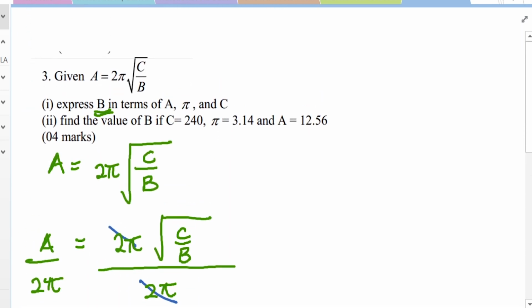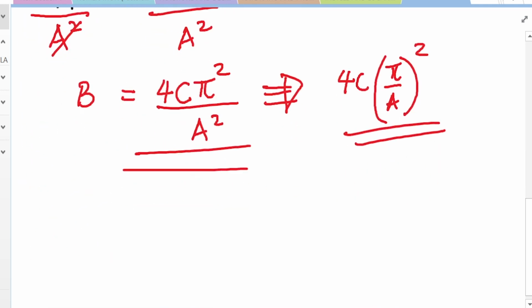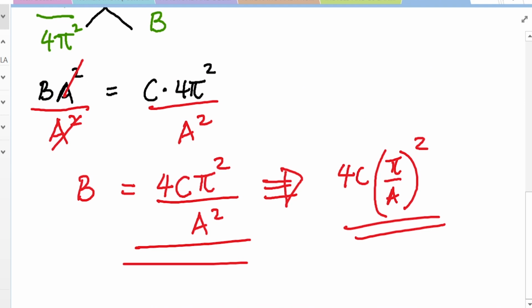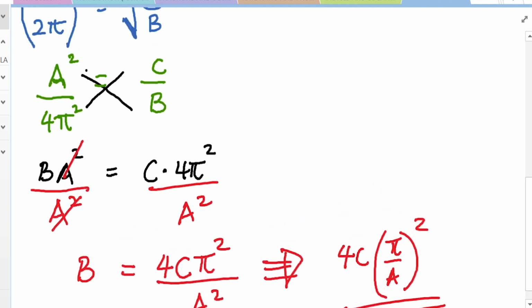So we've answered part Roman 1 of the question. Then Roman 2, find the value of b if c is that and that, pi is that and a is that. So they want us to find the value of b. This is simply substitution.